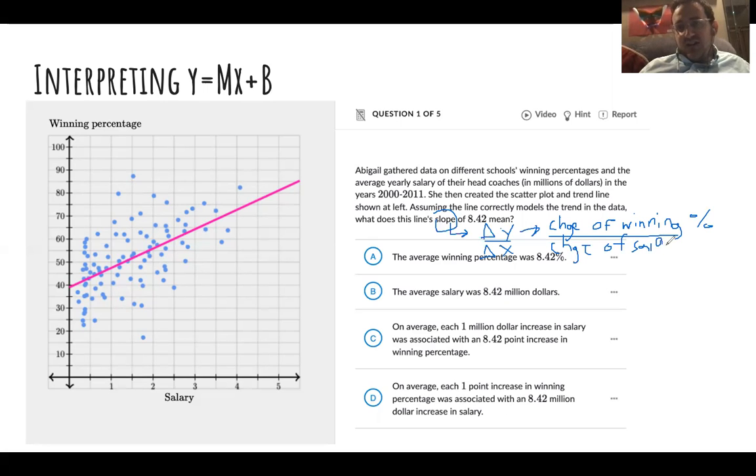So if we look at A and B, nothing's really changing. It says that the average winning percentage was 8.42%. So we can pretty quickly eliminate those answer choices.